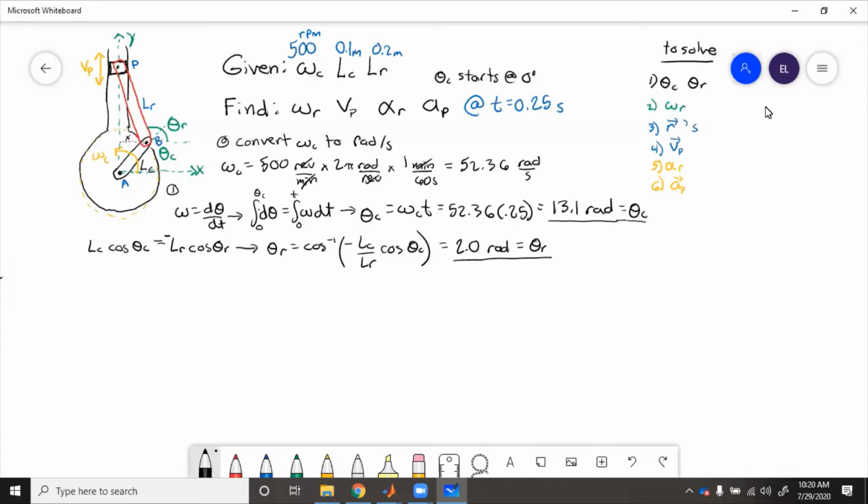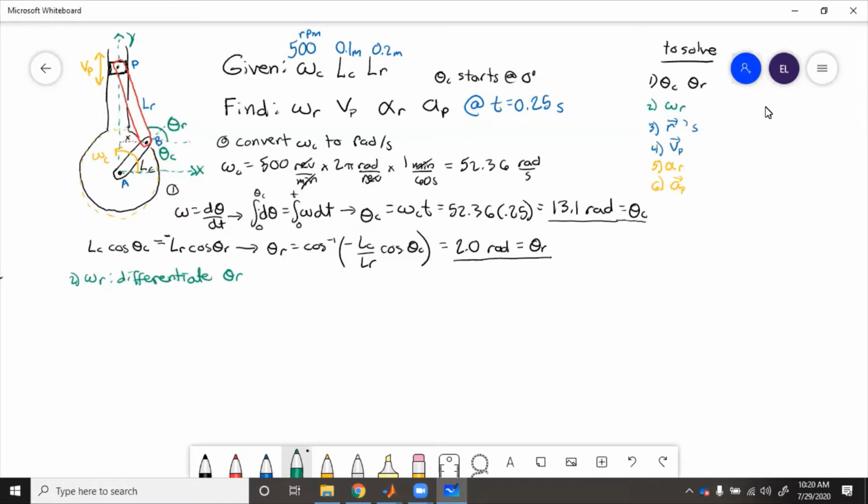Now step two, to get the angular velocity, we can differentiate the position. So we take this equation, LC cos theta C equals negative LR cos theta R. We differentiate that.